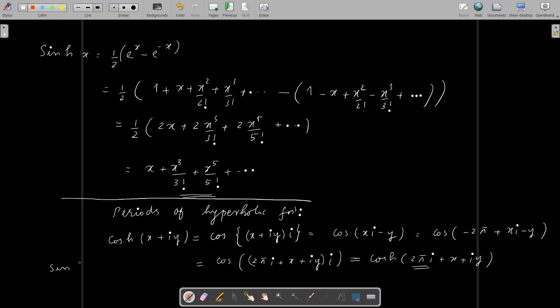That is, I leave it as an exercise: sin h of x plus iy, you can prove that this is same as sin h of 2 pi i plus x plus iy. You can prove this using the same method we have adopted here, or you can replace this cos h and sin h by exponential values. Then you can use the periods of the exponential function to prove this.